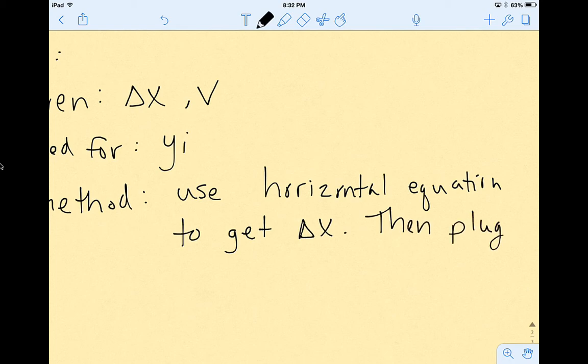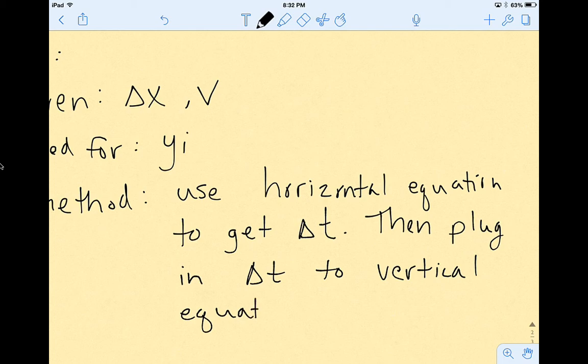I don't mean delta x, I mean, Mr. McSparron, I mean delta t. Then plug in delta t to the vertical equation to get yi.